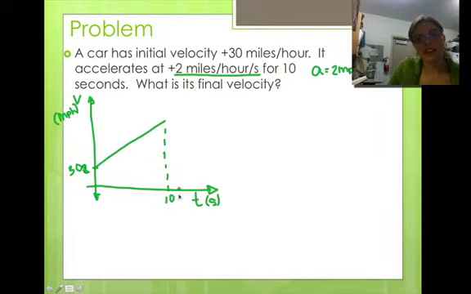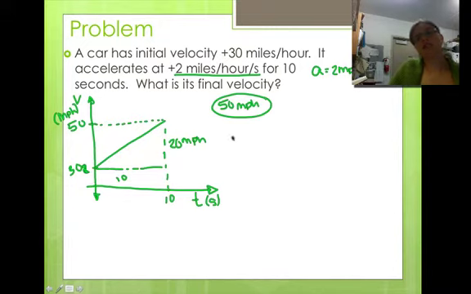And we want to know the final velocity up there. Well, if we know that this is 10 and that the slope is 2, then we know that this is 20, because this raises 2 for every one it goes over. So if the change is 20 miles per hour and we start at 30, then we end at 50. So the answer is 50 miles per hour.